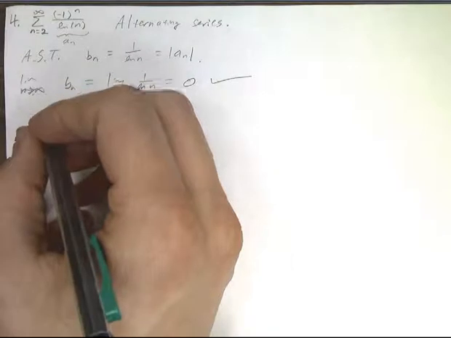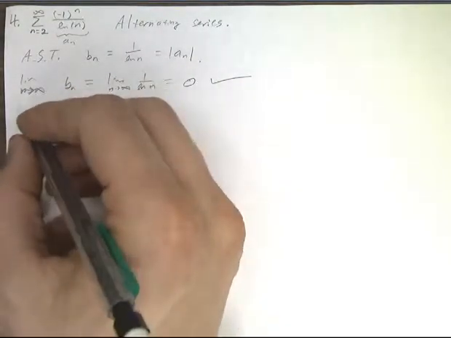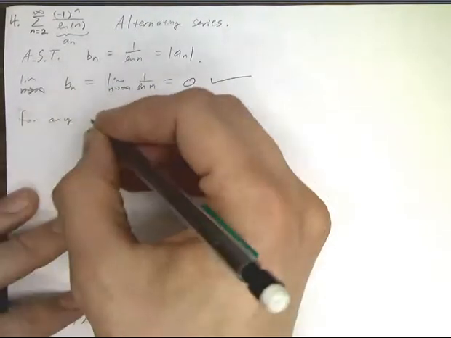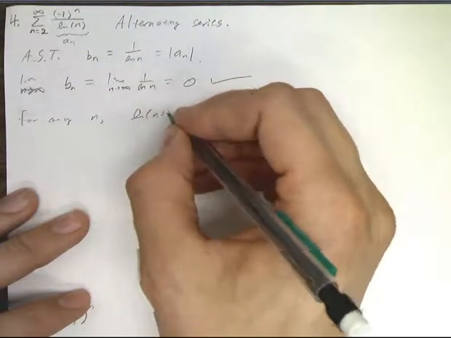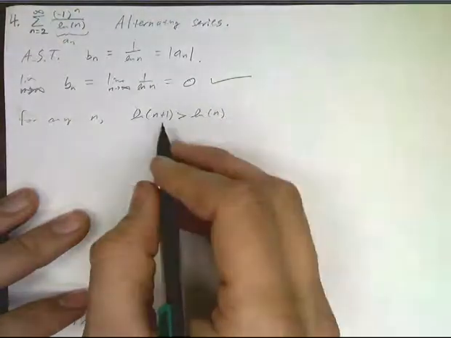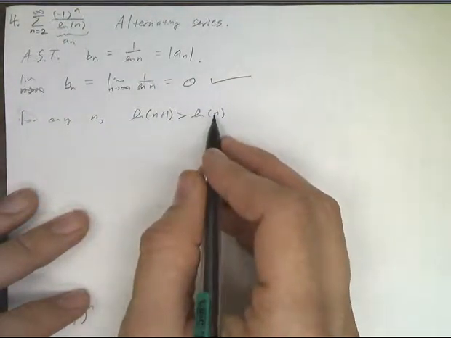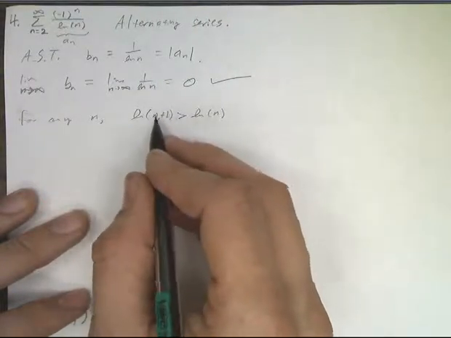Okay, I also need to check that the Bn's are decreasing. So I know that for any n, natural log of n plus 1 is greater than natural log of n. This is saying whatever power I have to raise e to get n is going to be less than the power I have to raise e to get this bigger number.